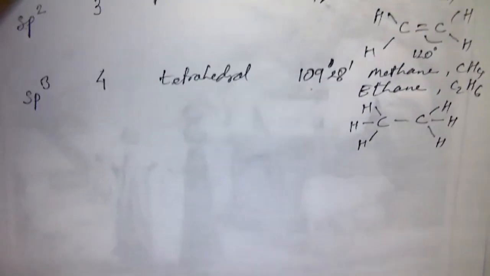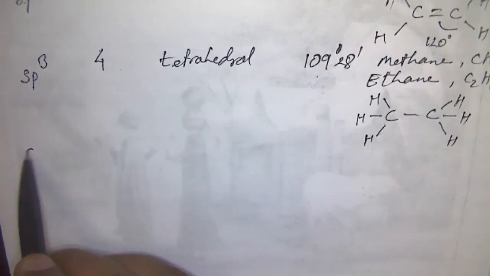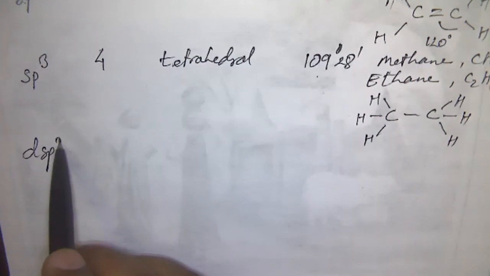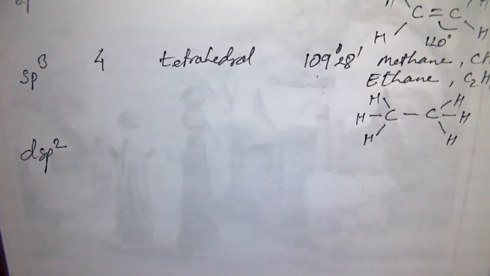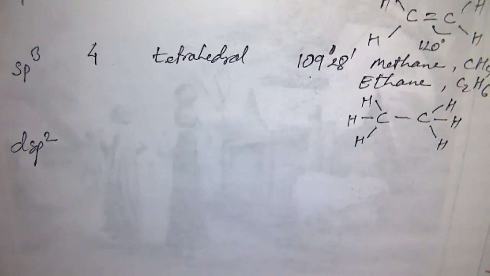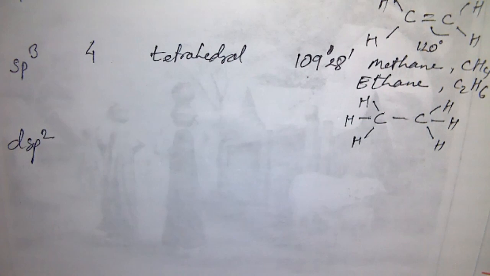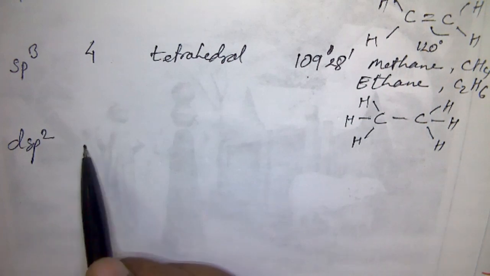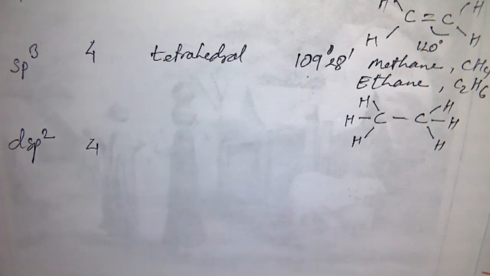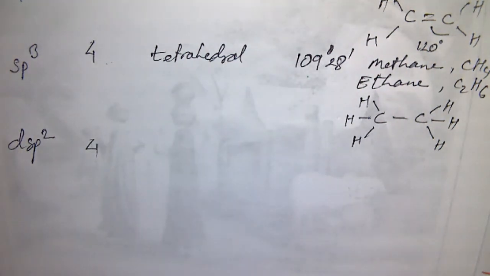Then next I'll take is dsp2. Now when I take this dsp2, how many hybrid orbitals? Here they are again 4 only. This was also 4, but that gave tetrahedral. This is also 4, although the things are different.